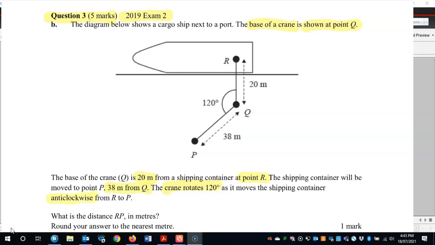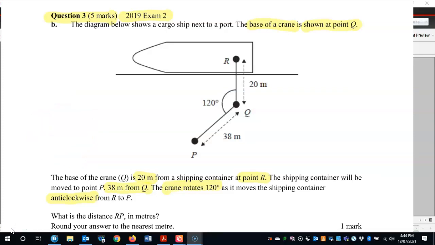Now, anti-clockwise, you imagine the clock like that. So anti-clockwise is then going in the opposite direction to the way a clock travels. So a clock, usually the hands travel around in that direction. Anti-clockwise is then that direction.